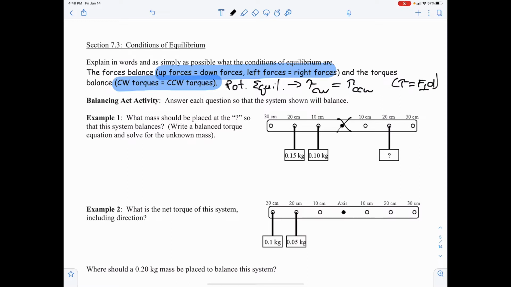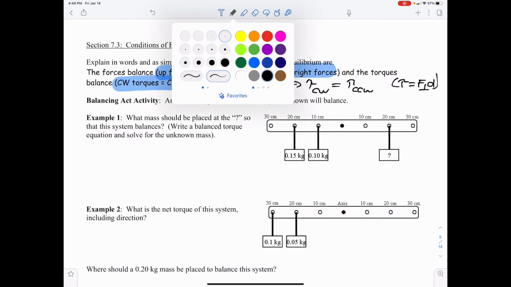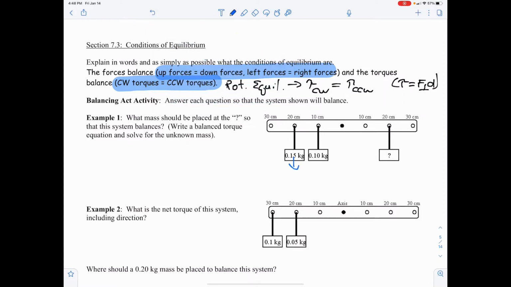Well, there's the point of rotation right there. So I'm going to write this in blue. You've got mg, so I'm going to call this m1g. I'm going to call this m2g. And then this unknown weight would be m3g, where m3 is going to be our missing unknown mass.